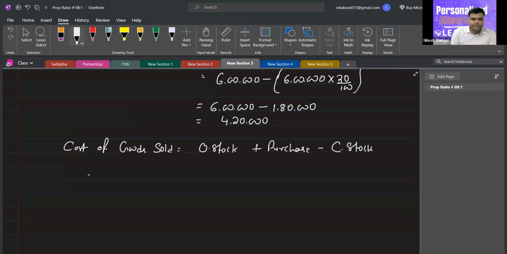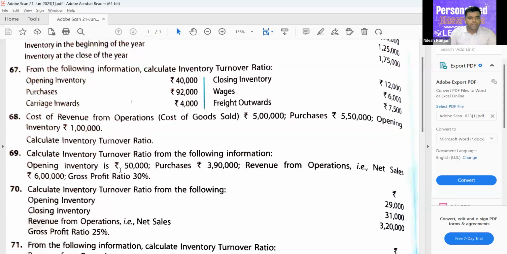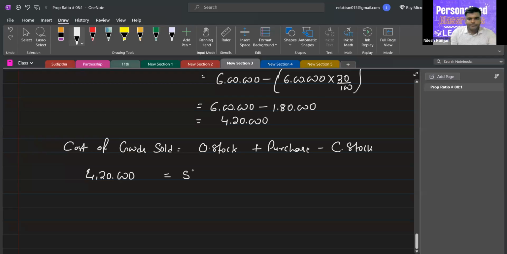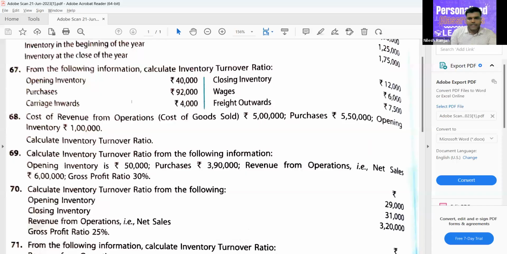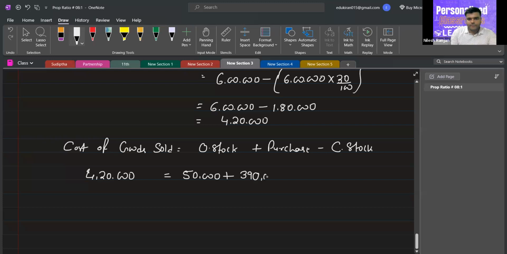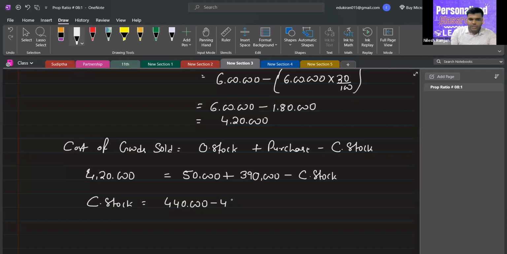So cost of goods sold is 4,20,000, and opening stock is given in the question, it is 50,000, plus purchase, which is 3,90,000, and minus closing stock. So closing stock will go on the left side and 4,20,000 will be on the right side. So it is total 4,40,000 minus 4,20,000. So our closing stock is 20,000.